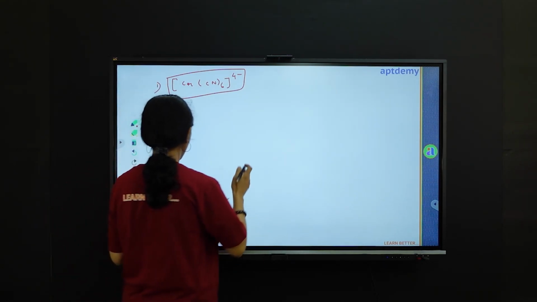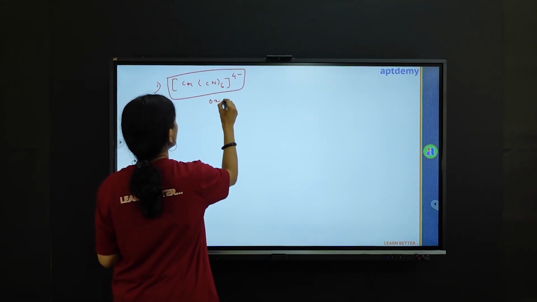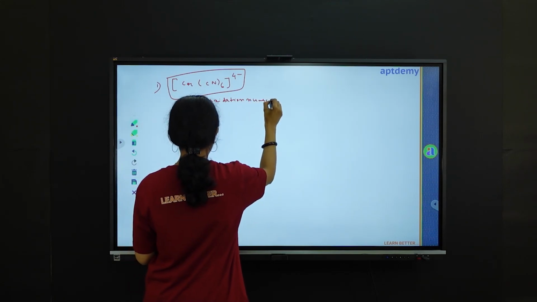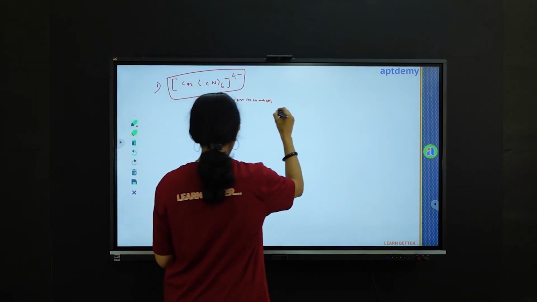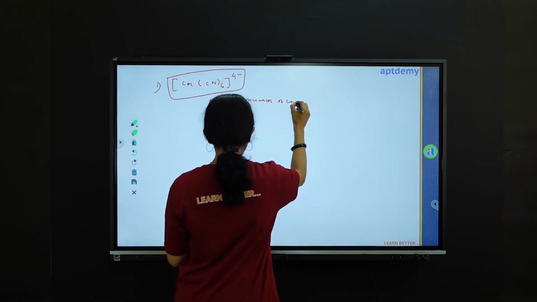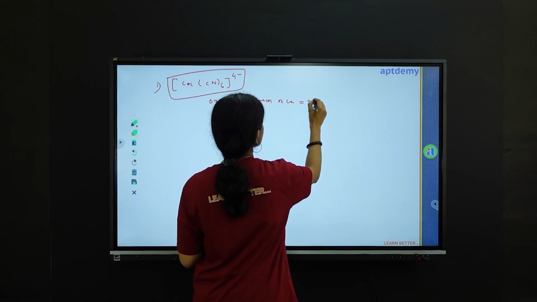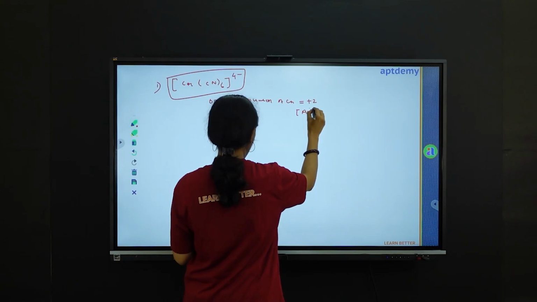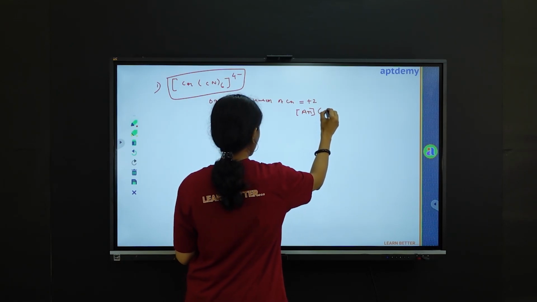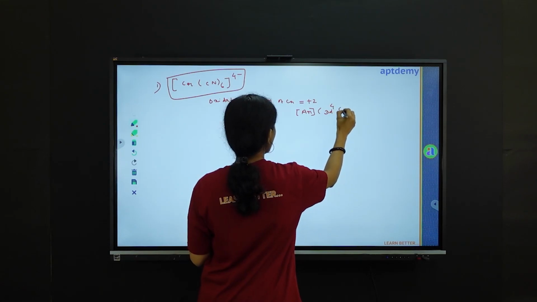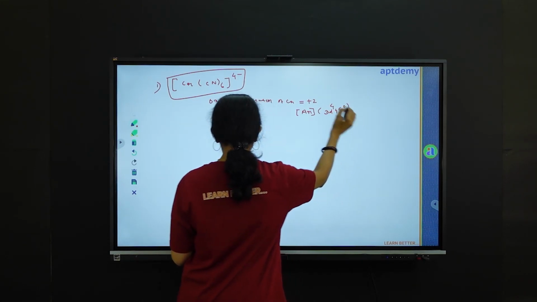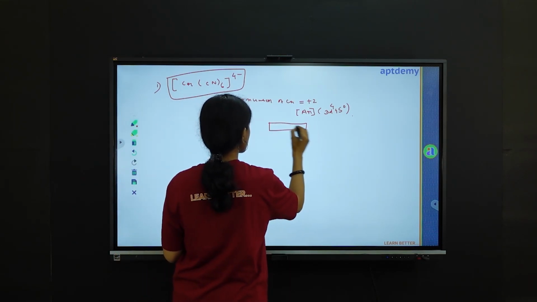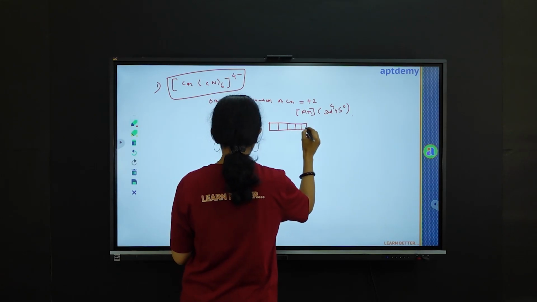Now the oxidation number of chromium in this complex is +2, and the electronic configuration will give you argon 3d4 4s0. Now if you draw them or fill the orbitals, it will look like this.